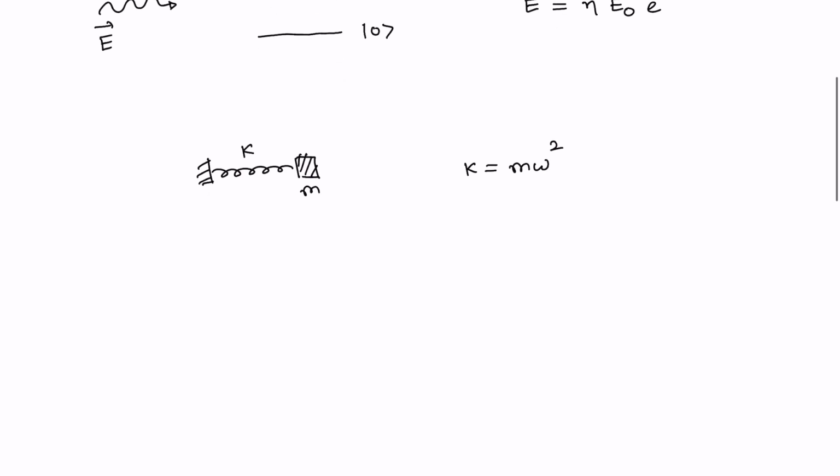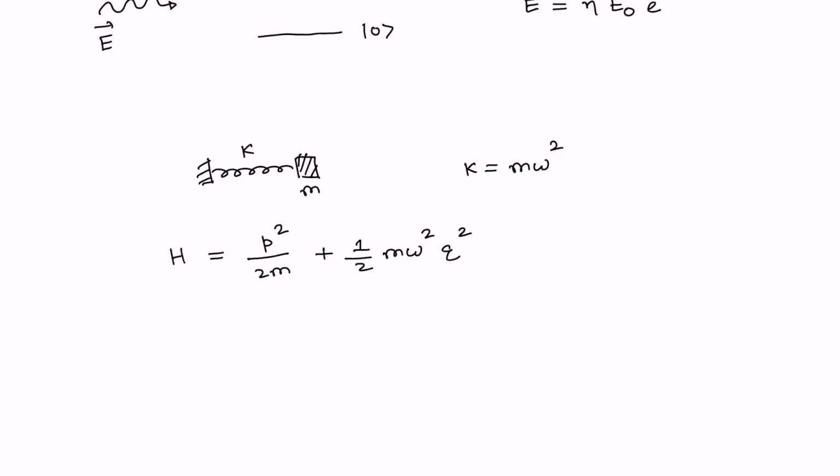And then you know that the Hamiltonian for this spring mass system is written in this form: H is equal to p square by 2m, p is the momentum, m is the mass, plus half m omega square q square. q is the displacement of the mass from its equilibrium position.